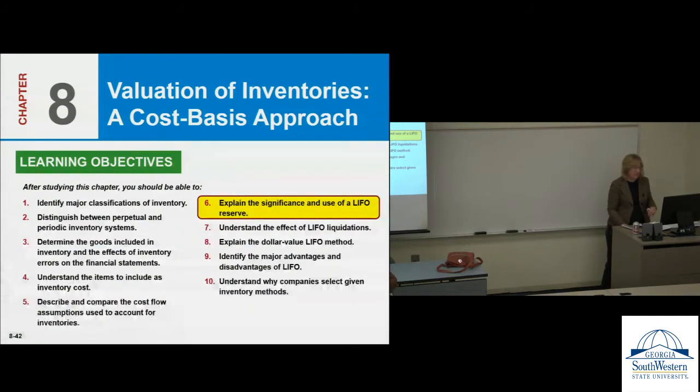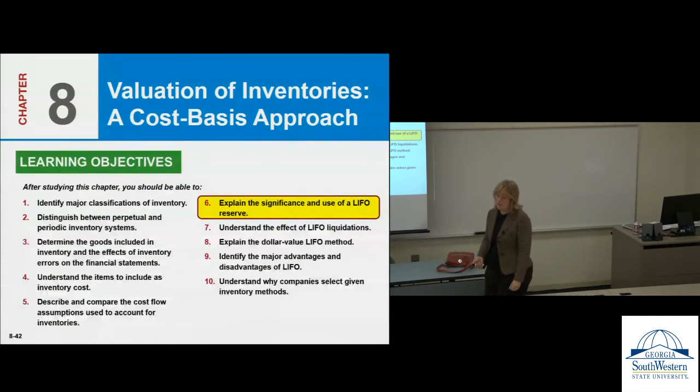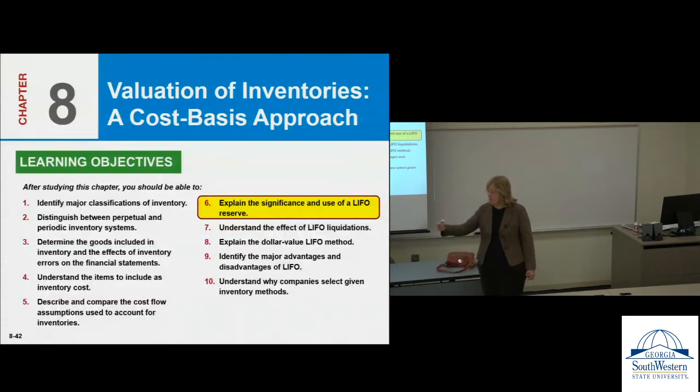Okay, talking about LIFO. Remember we talked before about 4 different inventory methods, and LIFO was one of those. A lot of people choose LIFO for their inventory method because of what reason? Low income and as a result low income taxes.